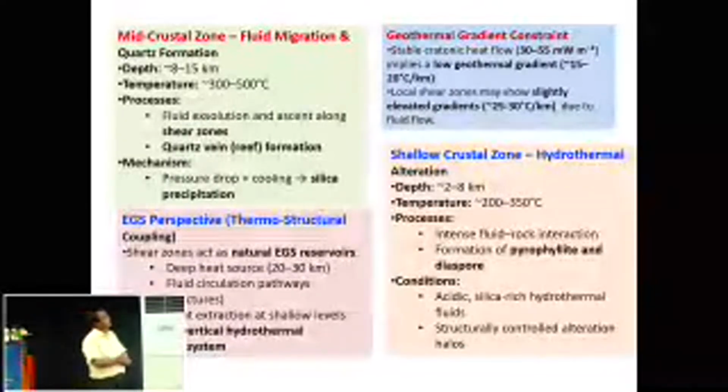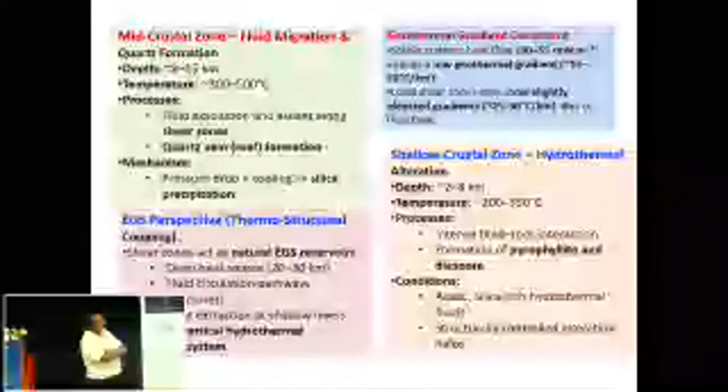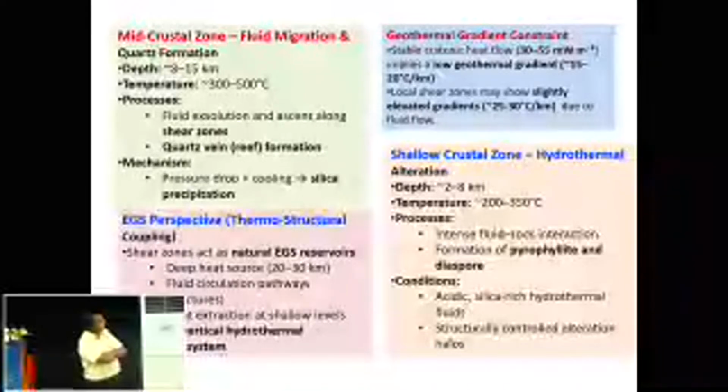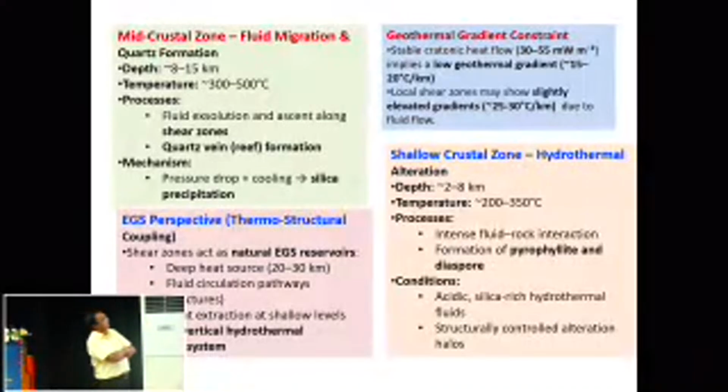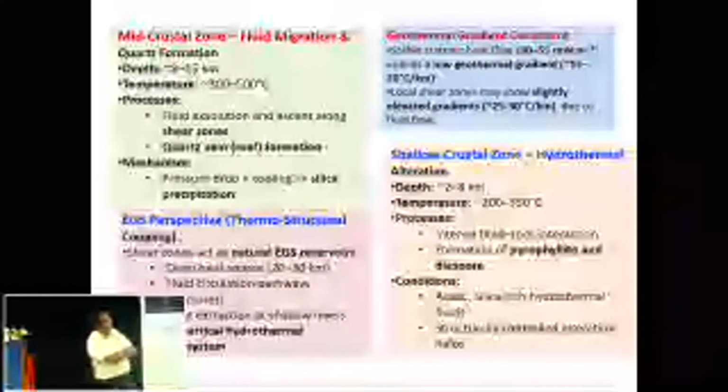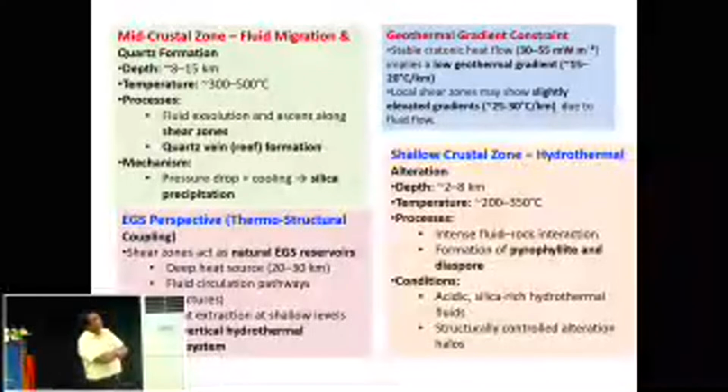If we integrate the first one, geothermal gradient contrast, we only have to enhance by 30 to 35 degrees Celsius due to the heat flow. Then in the middle crust, such temperature will be there. In the shallower crust, we have 200 to 300 degrees Celsius and 2 to 30 kilometer depth is required.